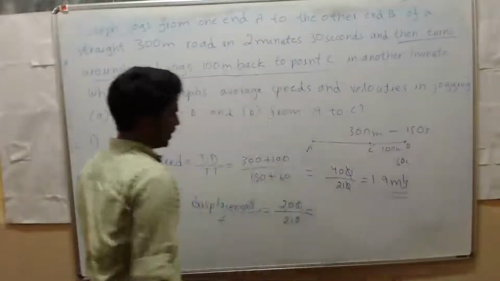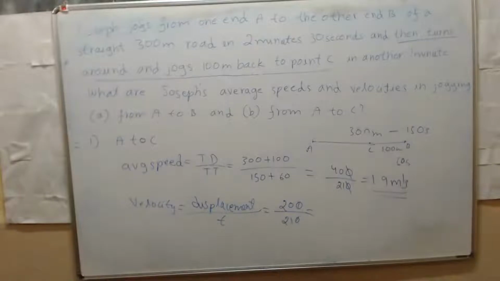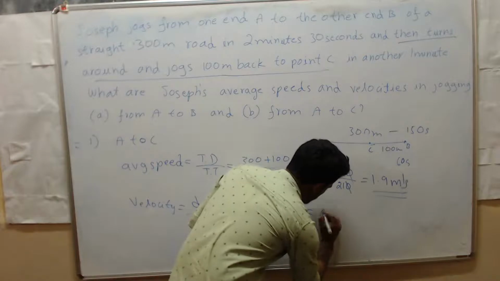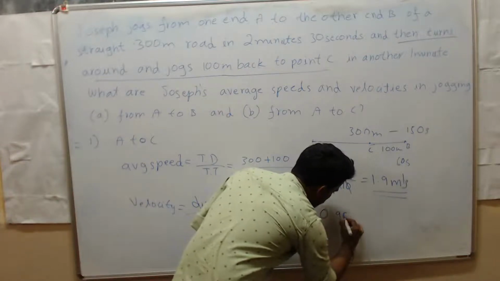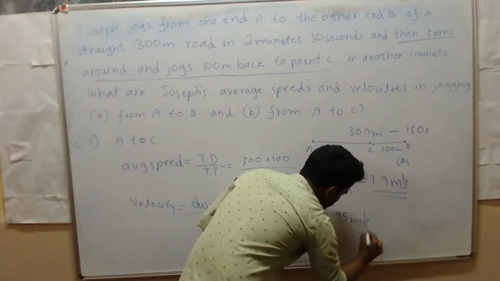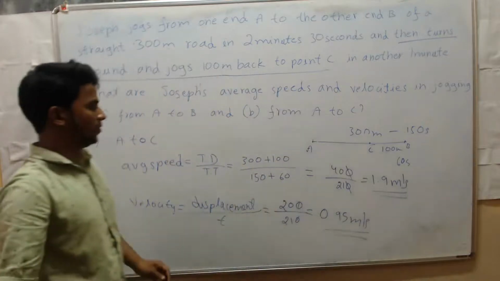Now just divide 20 by 21. Definitely you will get an answer less than 1. I think it is 0.9 something. Yes, the answer is 0.95 meter per second. So this is the velocity.